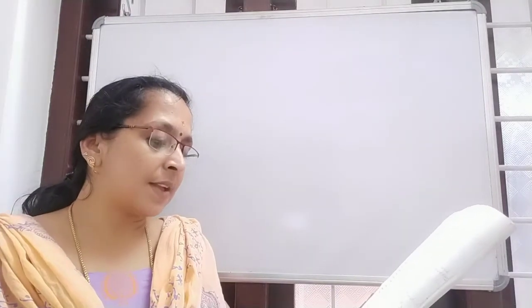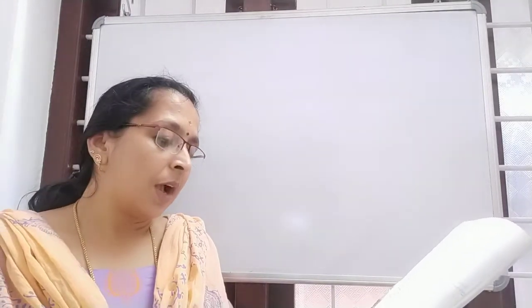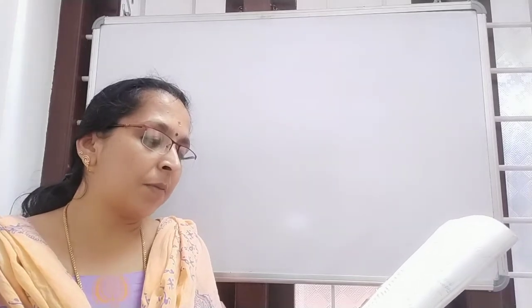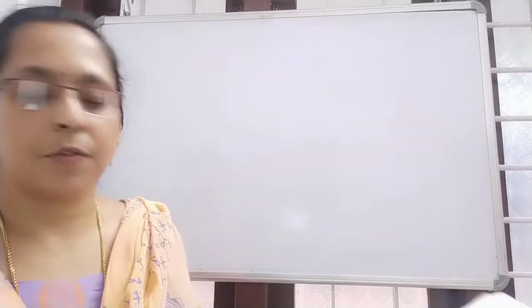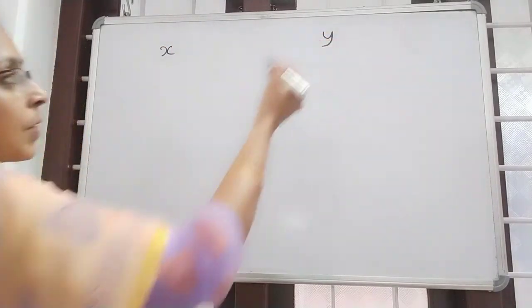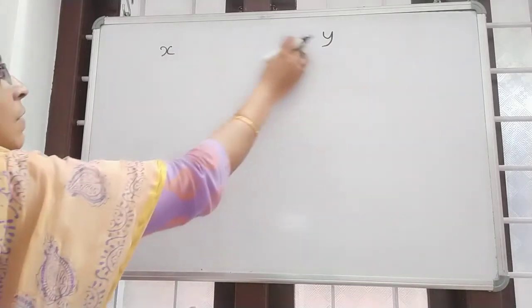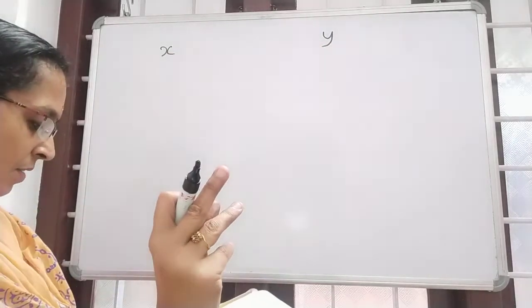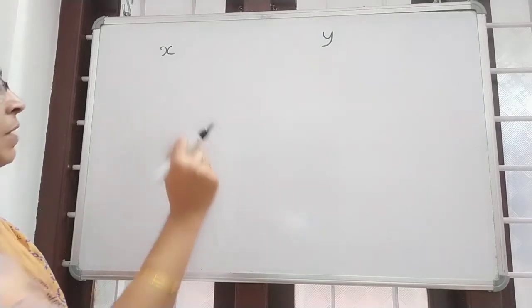Find the two numbers such that the mean proportional between them is 14. We don't know the two numbers, so let x and y be the two numbers. Between them, the mean proportion is given as 14. So how can we write?